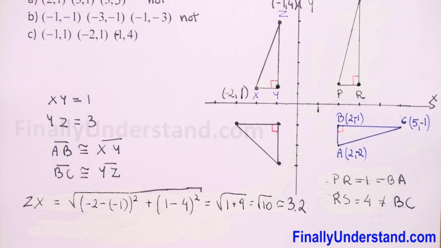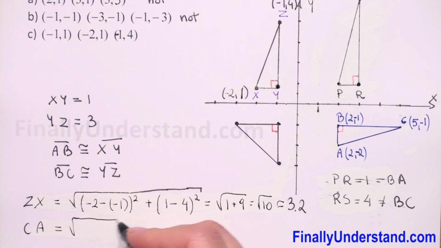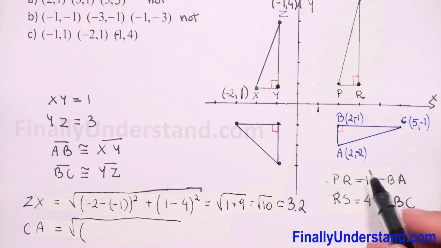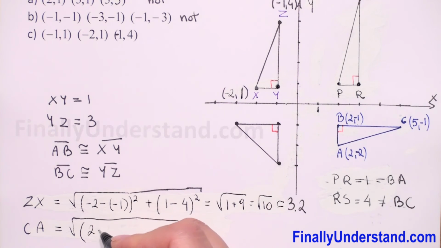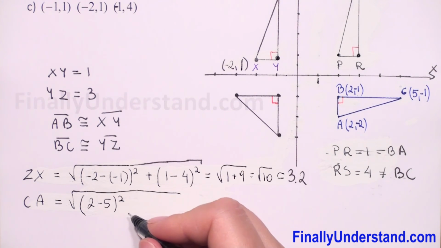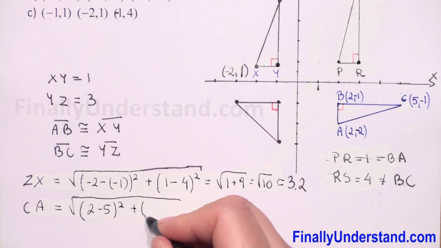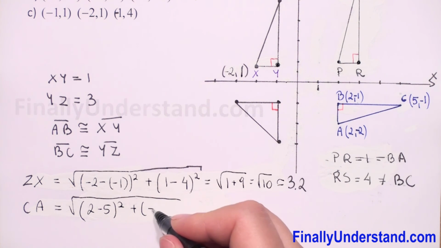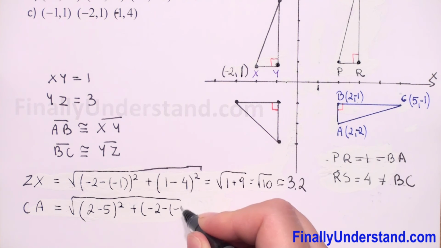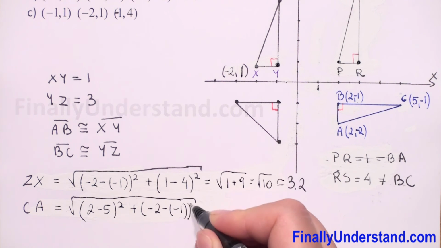And now we have to find the distance between point C and A. So this is equal to the square root of, and again first coordinates we have to first subtract, so 2 minus 5 to the second power, and plus the difference of second coordinates, so negative 2 minus negative 1 to the second power.